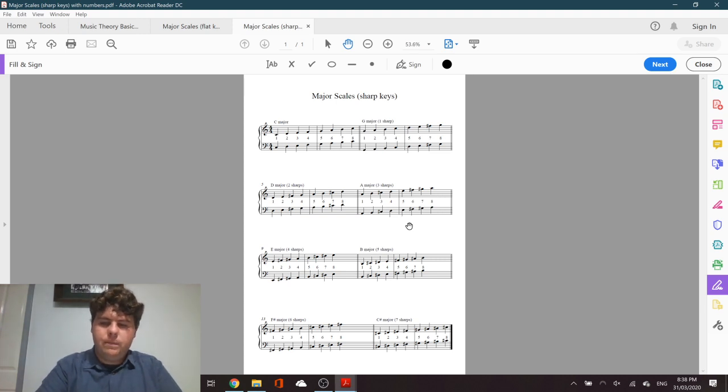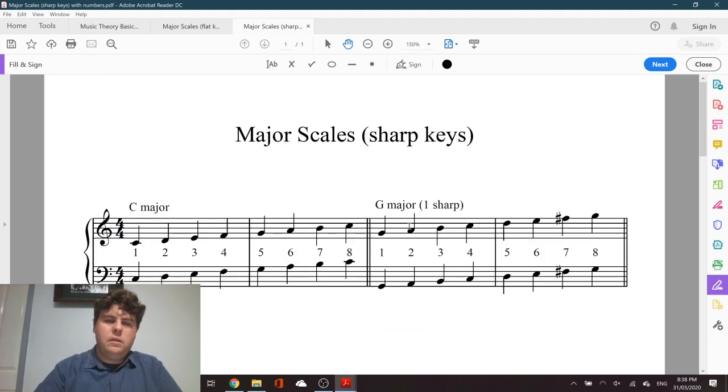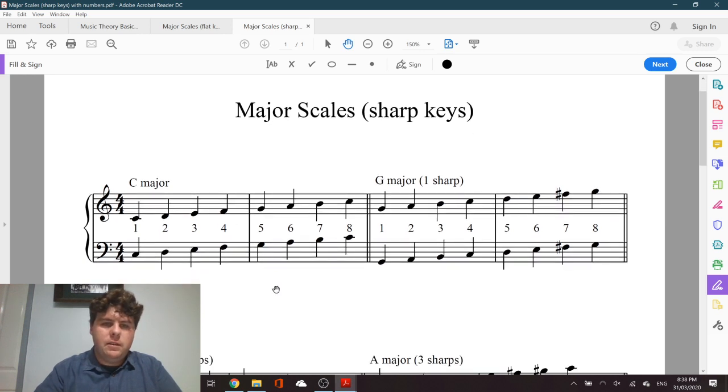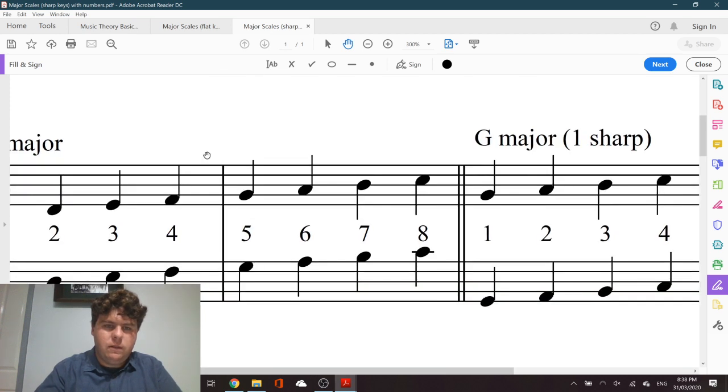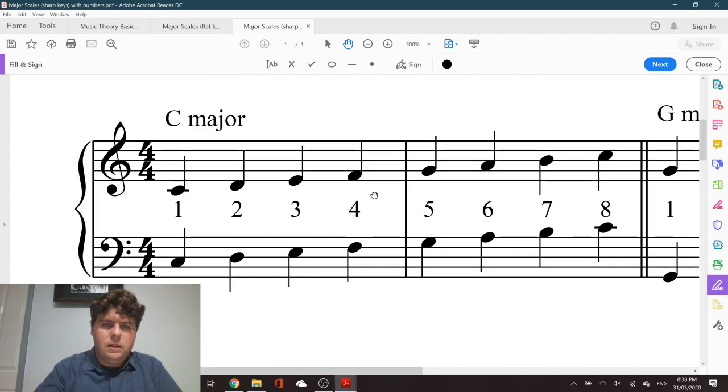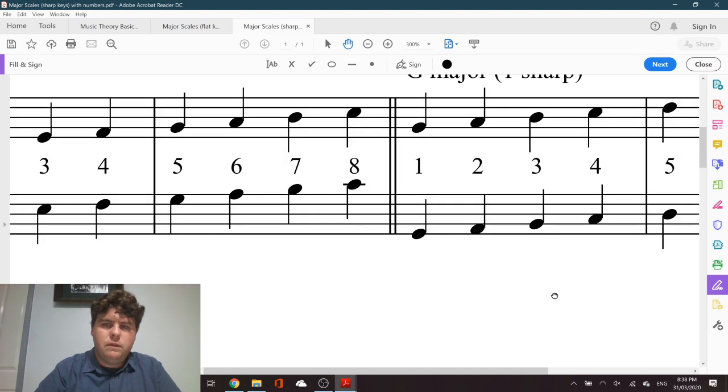super quick. Every major scale has a related minor scale. If you start the scale on a different note, so if we start C major on scale degree 6, which is an A, then we get an A natural minor scale, which is the relative minor of C major. The same is true if we go to G major.